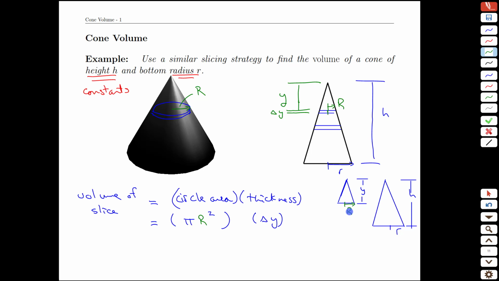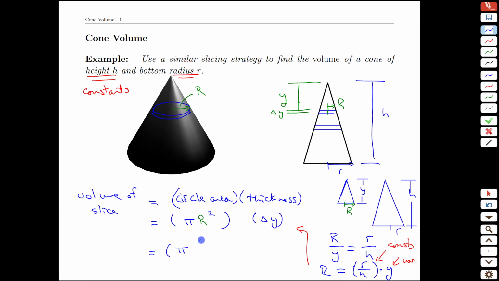And if we're interested in capital R, that divided by y is going to be the same as little r over h. So there's no numbers in this yet, but we'll work it out. That means capital R is two constants, little r over little h, times y, which is a variable. And that we can then sub into our formula here.